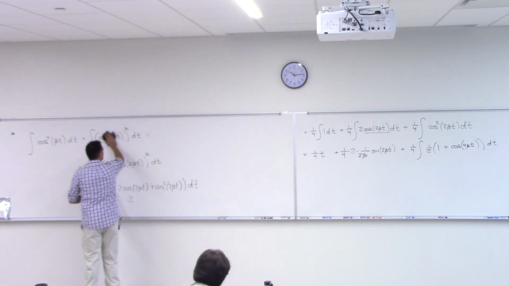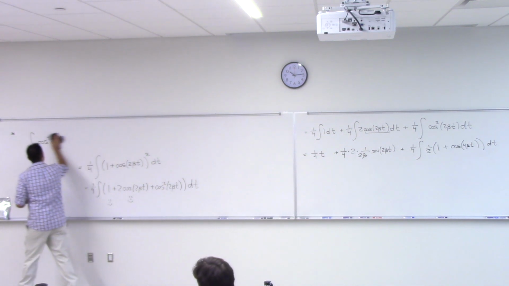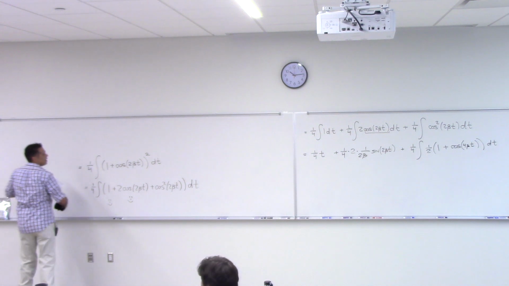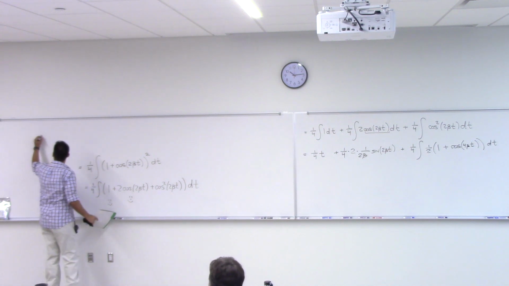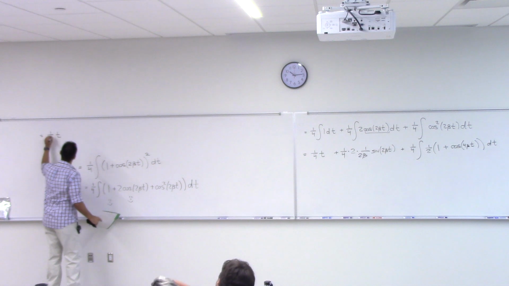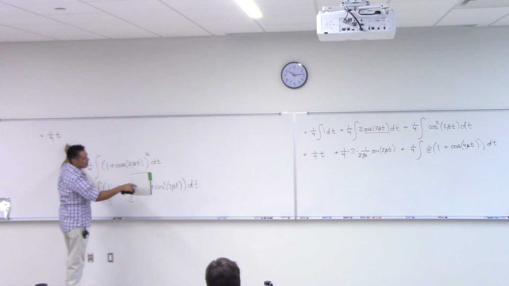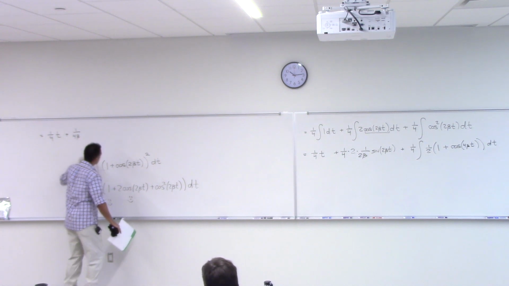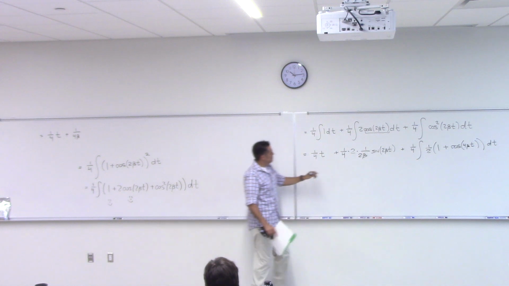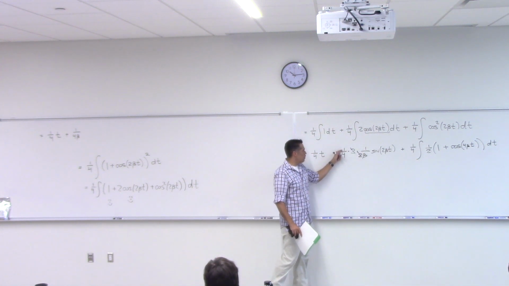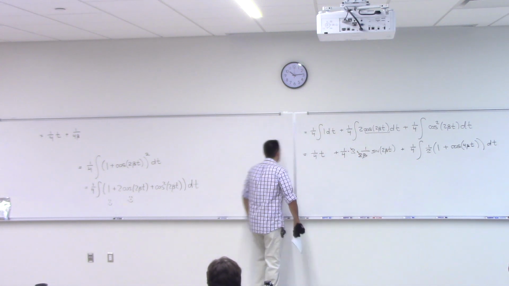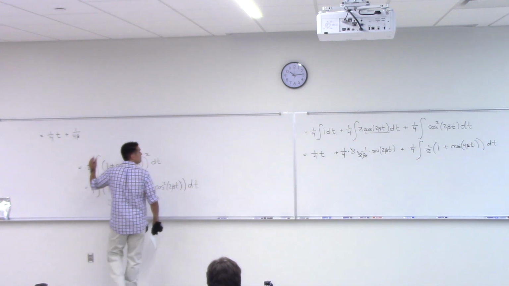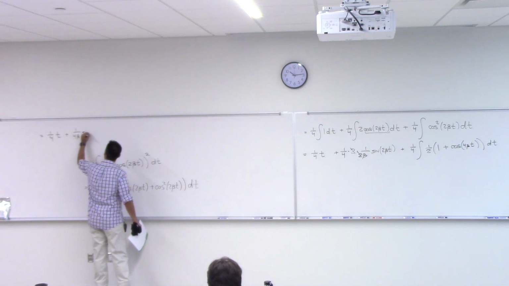Oh man, I wish I could leave this all up. All right, so we are at, I'm going to clean it all up, 1/4 t. And then the next part, isn't it 1/4 beta? Because there's a couple of ways you can do this. I'm going to cancel those 2's and I get 1/4 times 1 over beta. So I get 1/4 beta sine of 2 beta t.